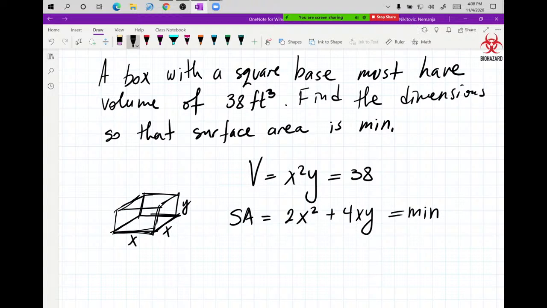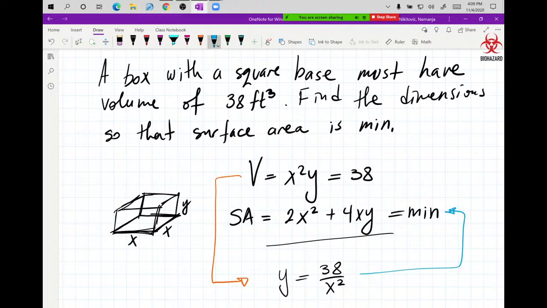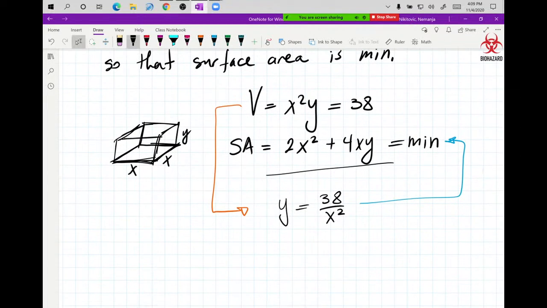Now the numbers over here are going to be terrible decimals, right? But that's okay. We can do this. You take your equation, you solve it for y, which is going to be 38 over x squared, and you stuff that in this. It's always the same steps, right? Just pick one variable to solve for. Now you're solving for y because it's easy.